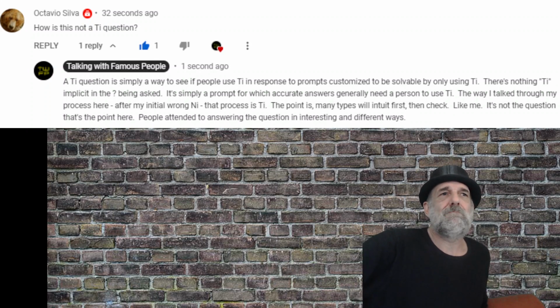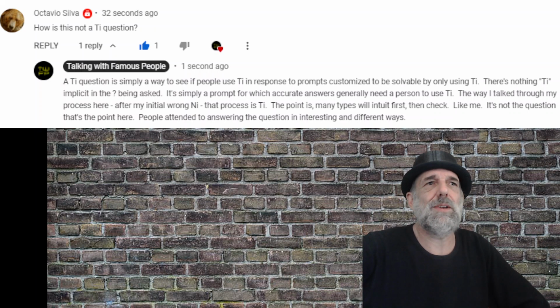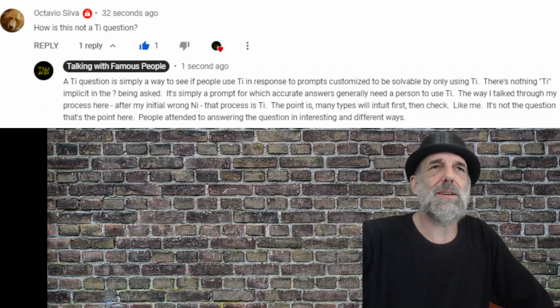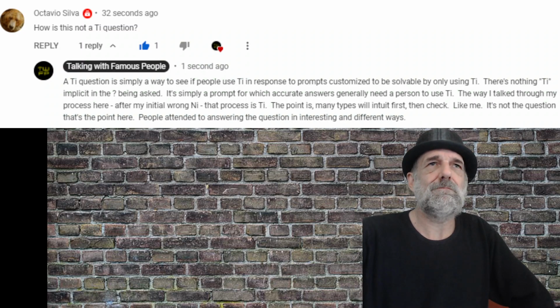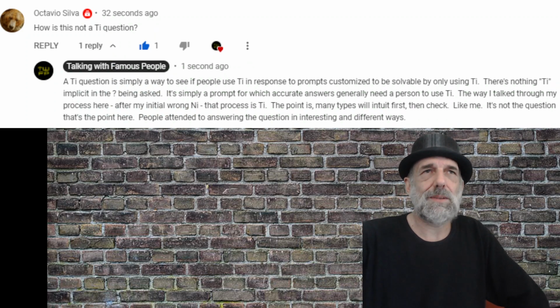So what that would suggest is NI ignoring, where I get an NI answer and then ignore it and check it to see if it makes sense. The point is that many types will do that, intuit first, then check, and the question isn't the point here. It's that people attend to this question in interesting different ways.